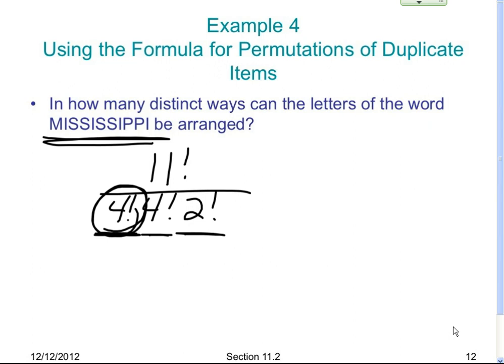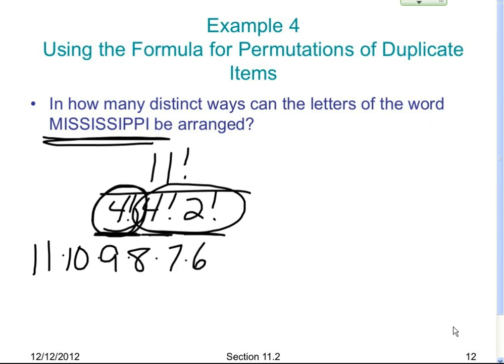That means that these 2 have to be written out as 4 times 3 times 2 times 1, times 2 times 1. So the 11 factorial, 11, 10, 9, 8, 7, 6, 5, 4 factorial.